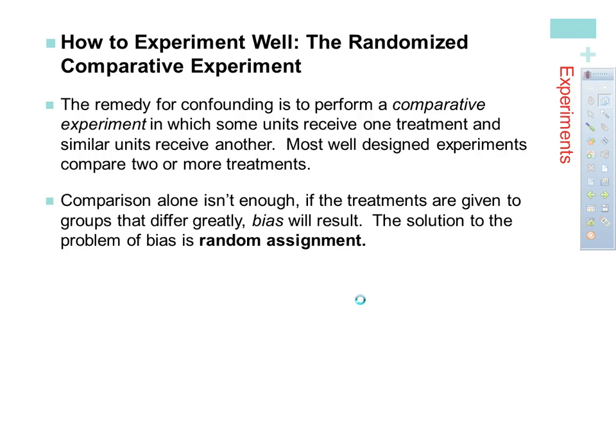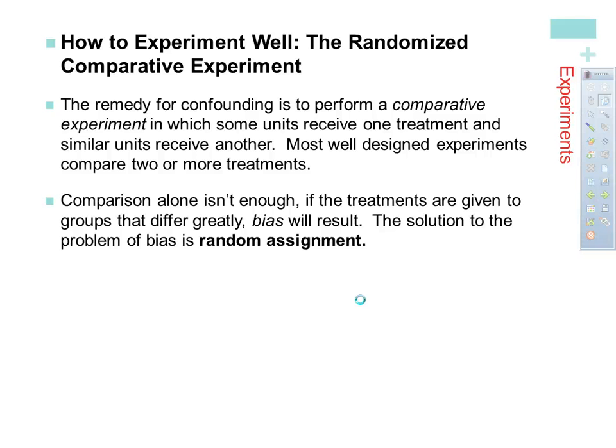A couple of issues with that simple design: number one, in a field setting, if we just take some experimental units, give them a treatment, and measure their response, there's no way for us to factor out any lurking variables that might mess with our data.